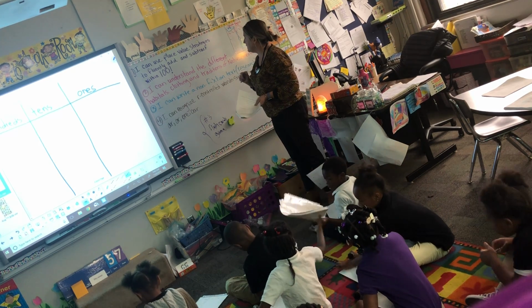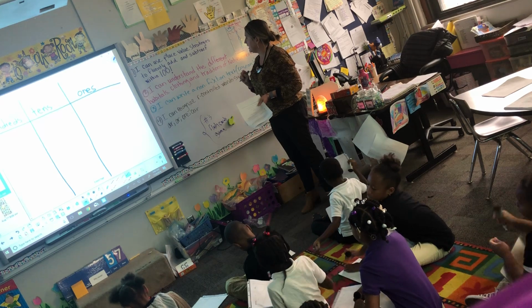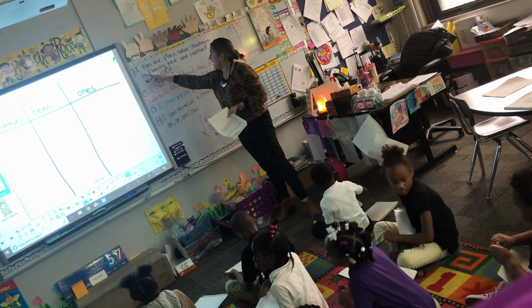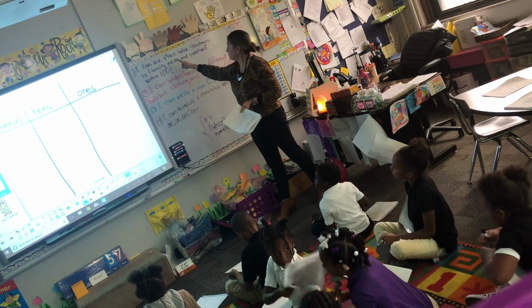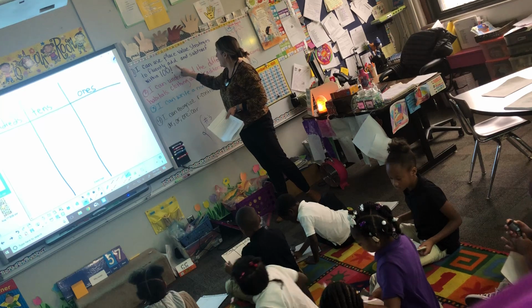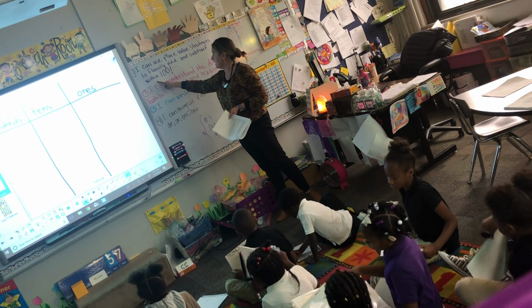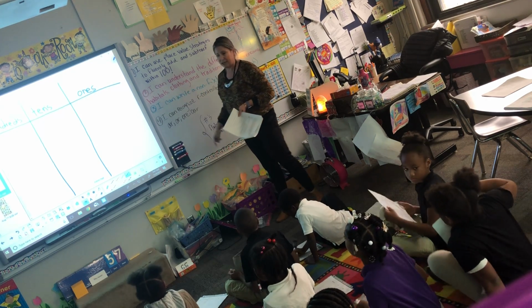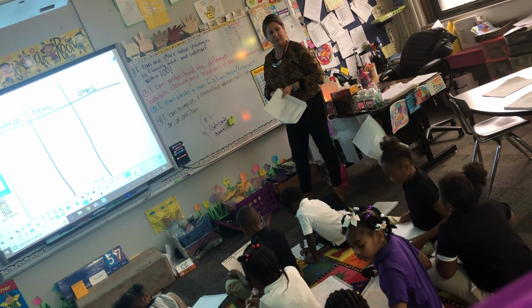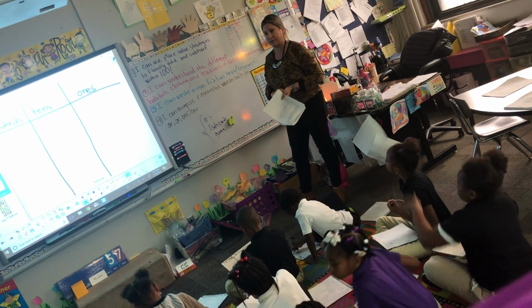We started a new standard on Monday, and I want you to read with me. I can use place value strategies to fluently add and subtract within 100. We talked about what fluent meant. If I said you were fluent in Spanish or French, who remembers what we were saying?